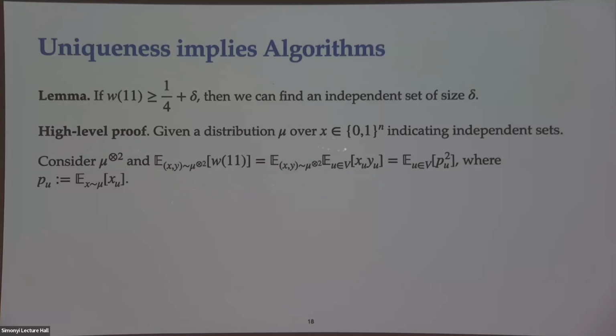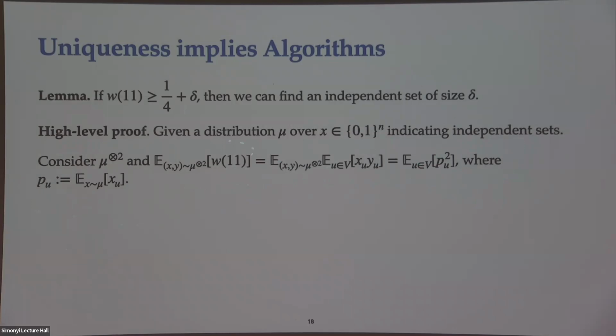But then you can swap the expectation and write this as the fraction of expectation over vertices, PU squared, where PU is defined to be the expectation of X sampled from mu, XU. Good. So this is just some trivial rewriting of the equation.